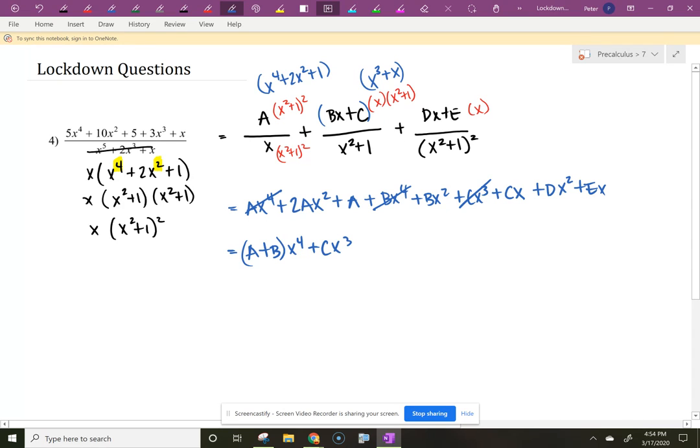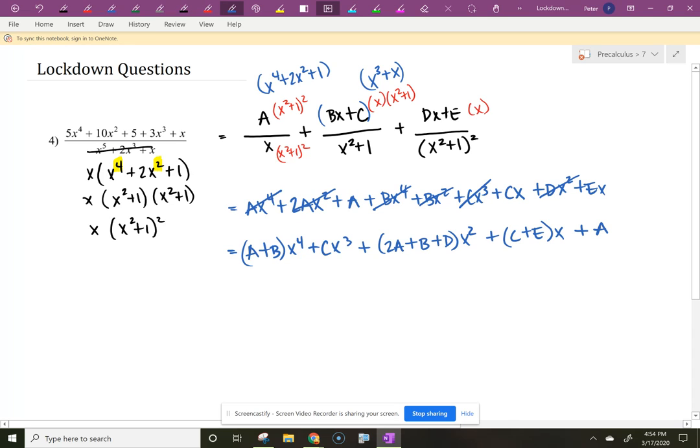I see a bunch, so I see 2 A's, I see a B, and I see a D. Coming down to x's, I see a C and an E, so I'm going to factor that out: C plus E times x. And last but not least, A. So there you have it.